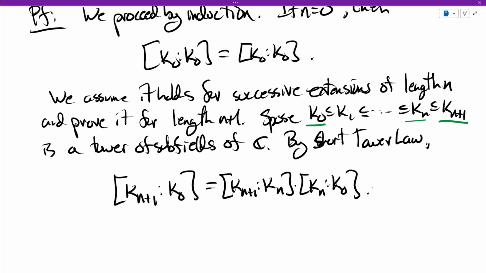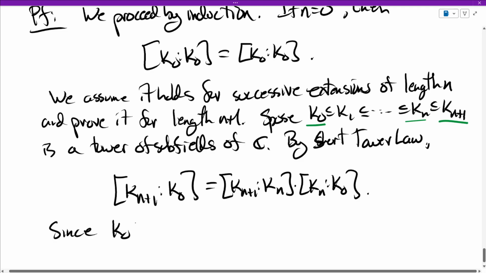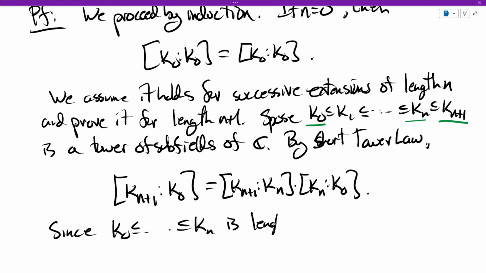Okay. All right, so that's true by the short tower law, but the tower of extensions here is of length n.